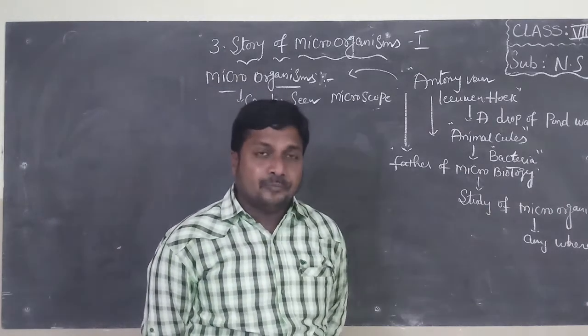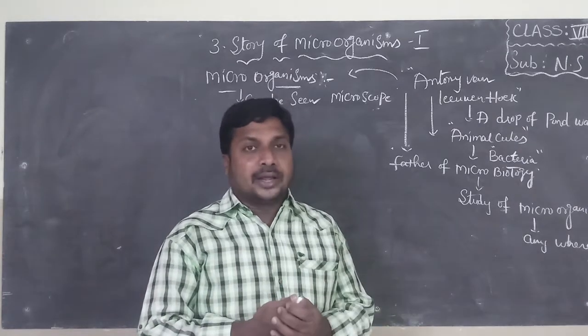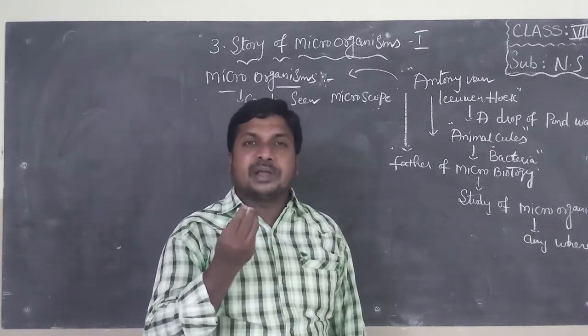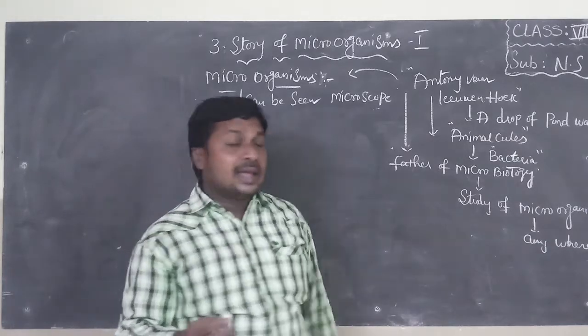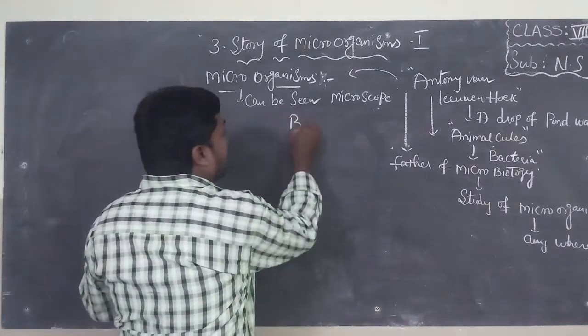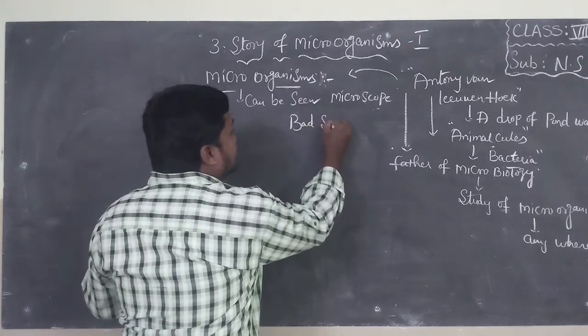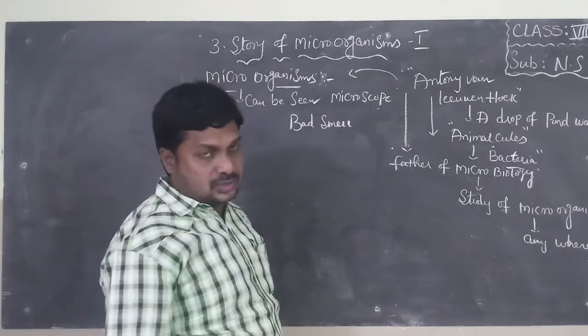If you observe our daily life, you can find so many changes. For example, when you wake up early in the morning, you may notice a bad smell from your mouth. What is the reason? A bad smell is produced from our mouths.